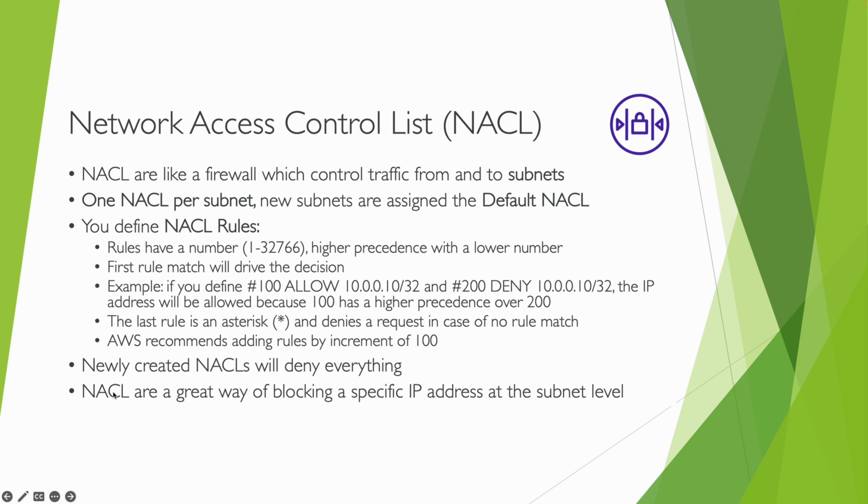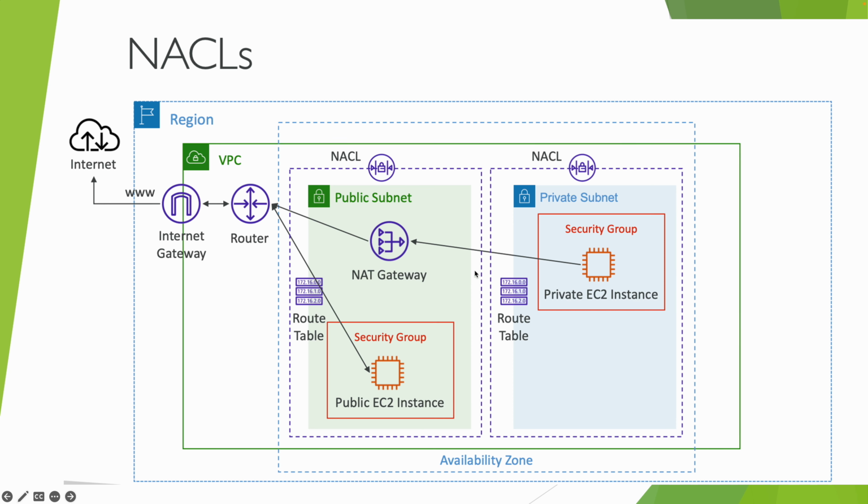Here there is an example. This is the architecture which we have already built. We took a VPC, we have public and private subnets, which we have already created, and we created some instances and security groups in these two subnets. We saw what an internet gateway is, and through the internet gateway we are providing internet access to our EC2 instance in the public subnet.